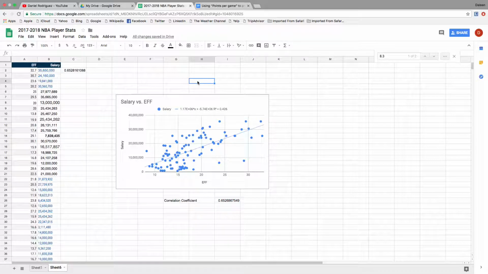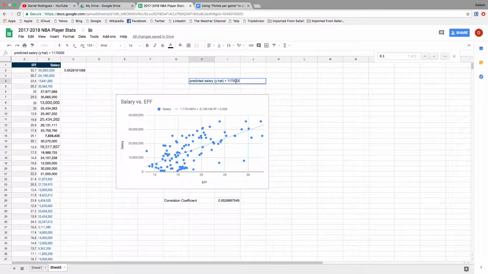So I'm going to write the equation here, our predicted salary, which is y hat, equals. It's not 1.17. We're going to move the decimal over 6 times to the right. So it's 117, but we've moved the decimal over 1 time, 2 times, 3 times, 4 times, 5 times, 6 times.